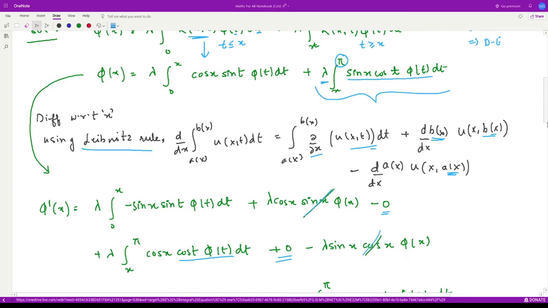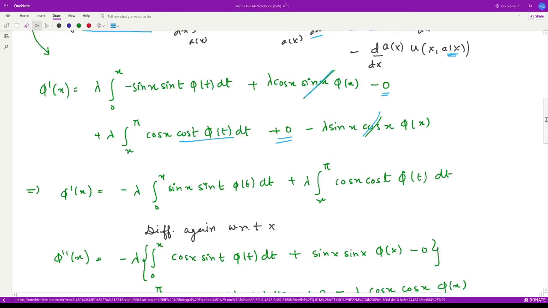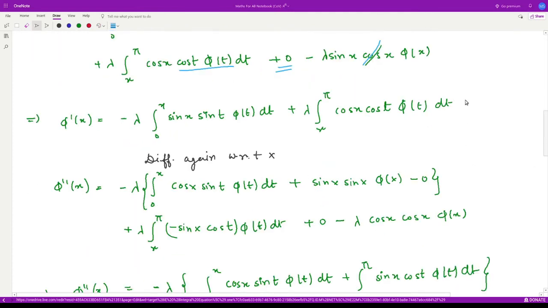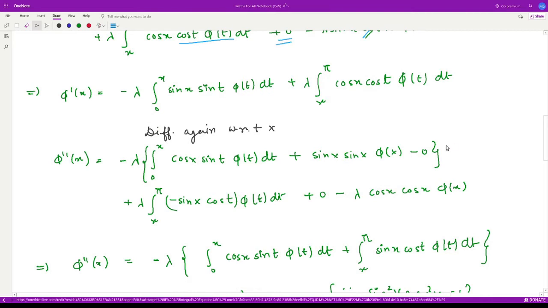So let us see. These are the terms. Because we still have the integral sign, we differentiate once again. So differentiating, we get phi double dash x, and here we again apply the Leibniz rule.